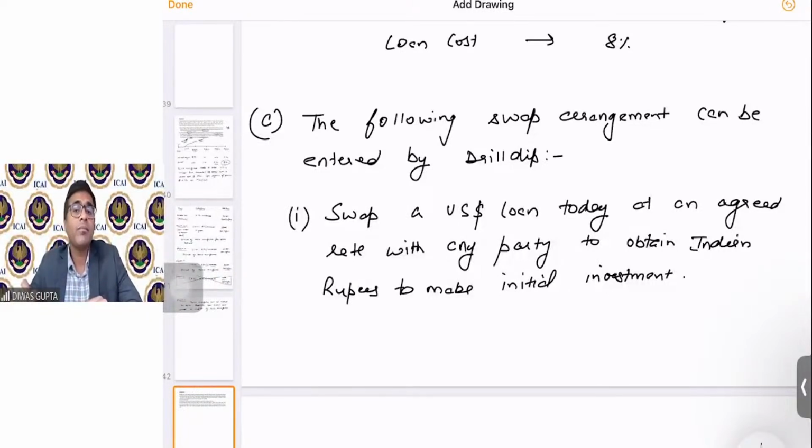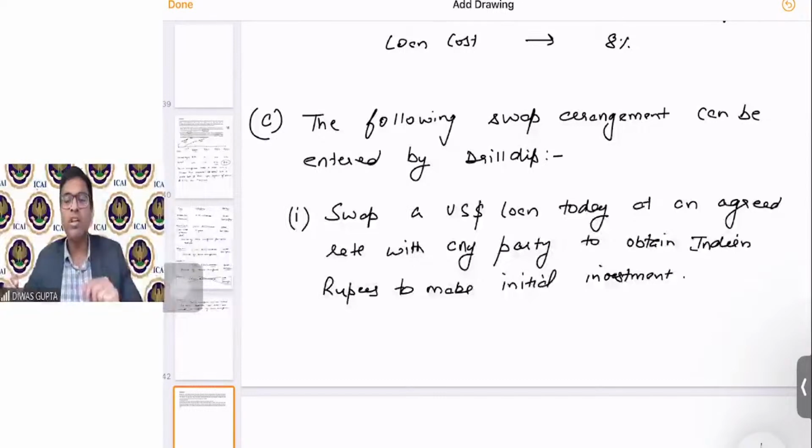And also, students, in the entire financial management, we always think that whatever amount we have to invest today, we don't have. We have to take a borrowing of that.